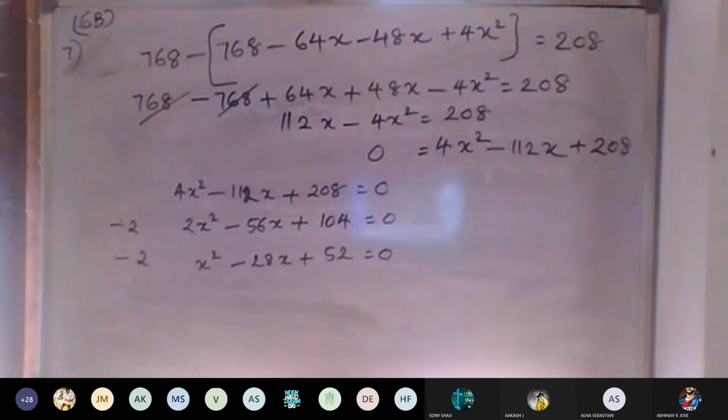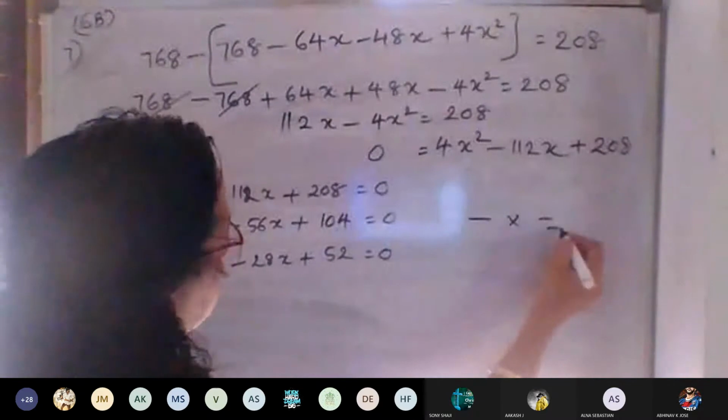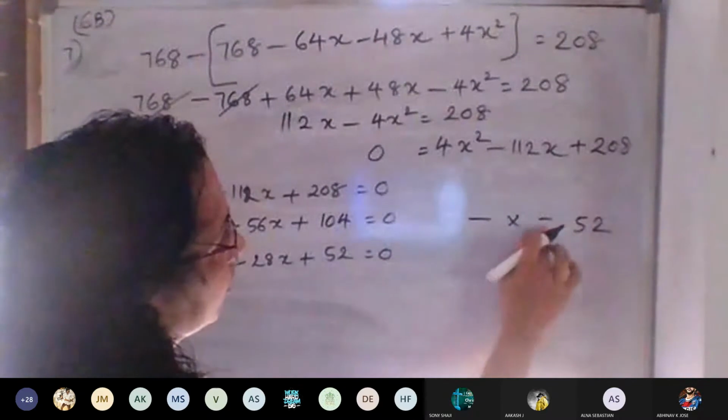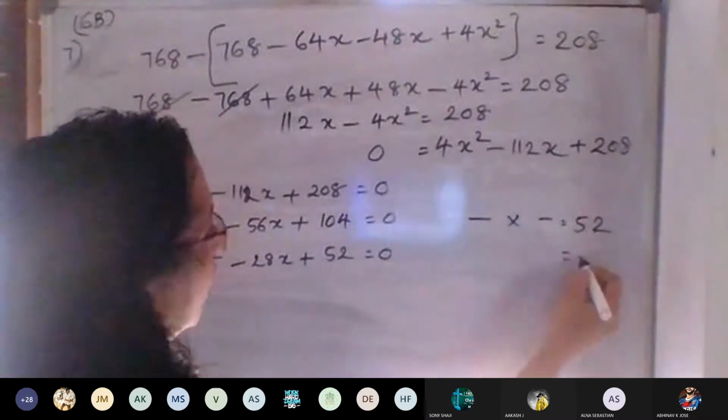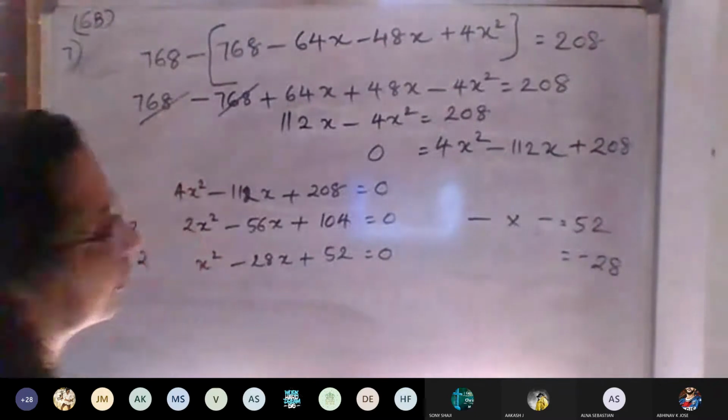Product positive 52. Then sum negative 28.